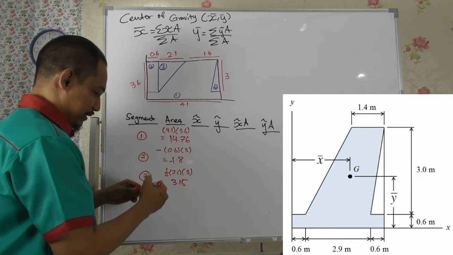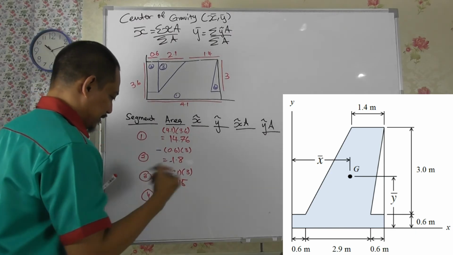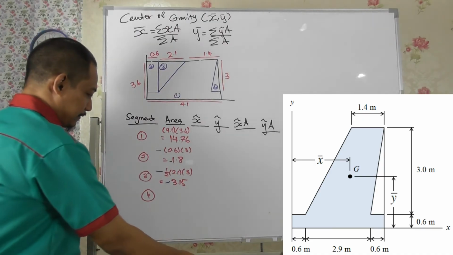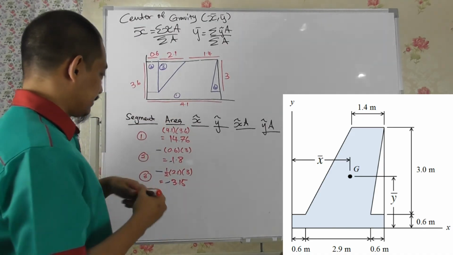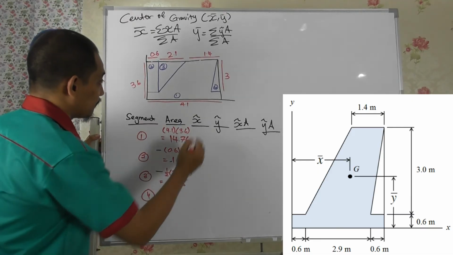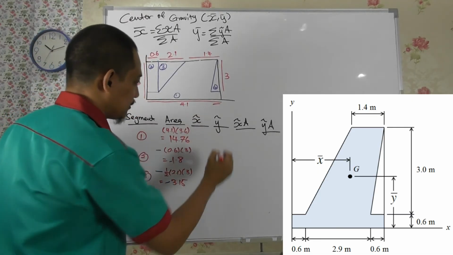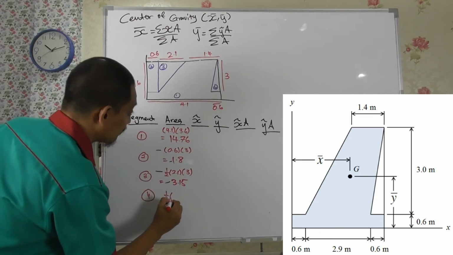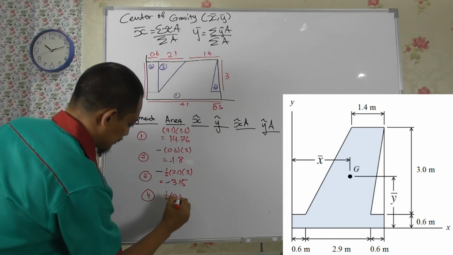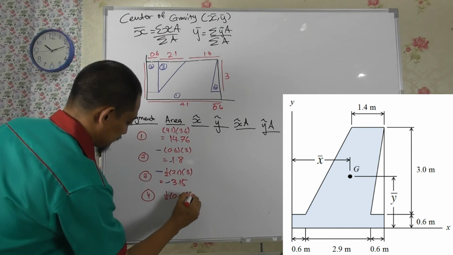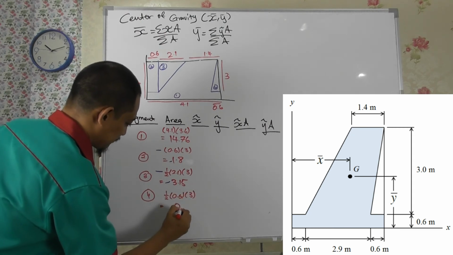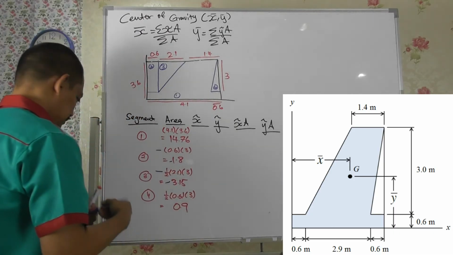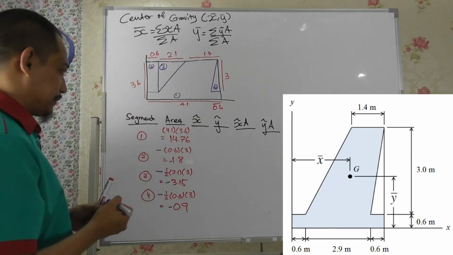Again, it is negative, so I put negative in a different color here so that it should be obvious that it's negative. And then the triangle there, this length is 0.6, right? So it will be half times 0.6 times 3, so it should be 0.9. Again, this is negative area.